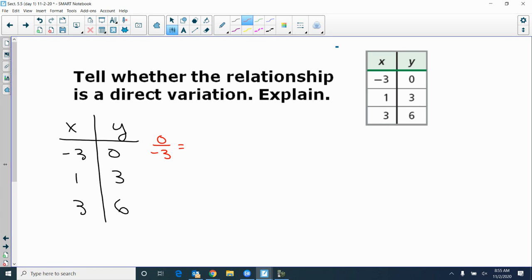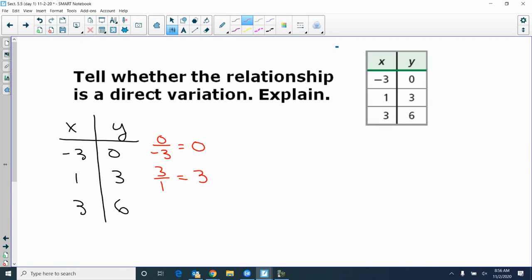What's that give me? Oh man, I'm going to say no. You're dividing 0 by a number. That's always equal to 0. Yes. So that is 0. What do you divide for the second one? 3. And what does that equal? 3.